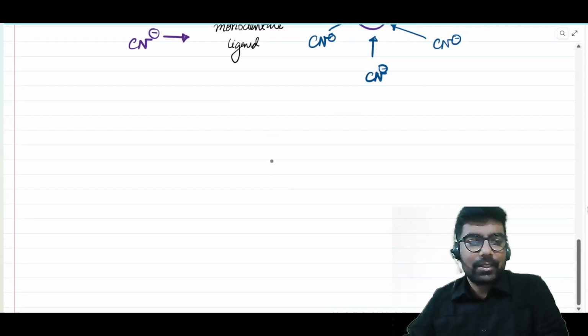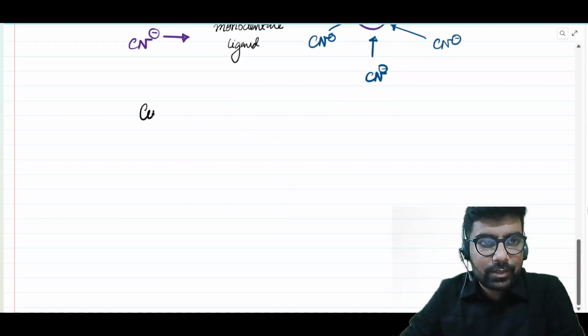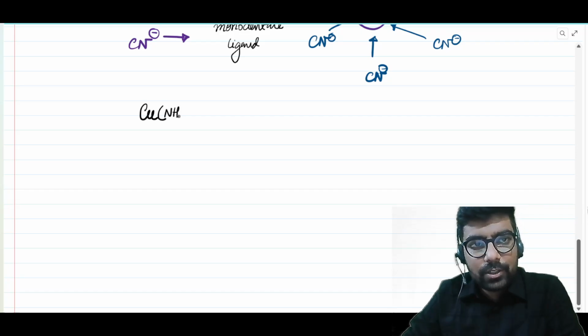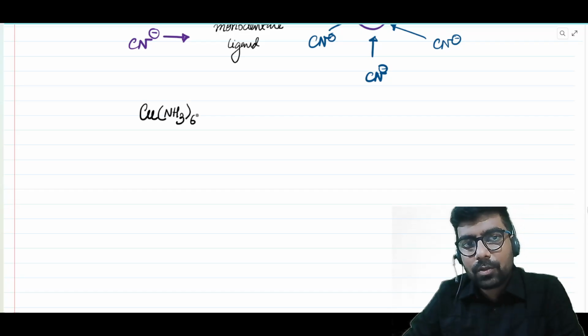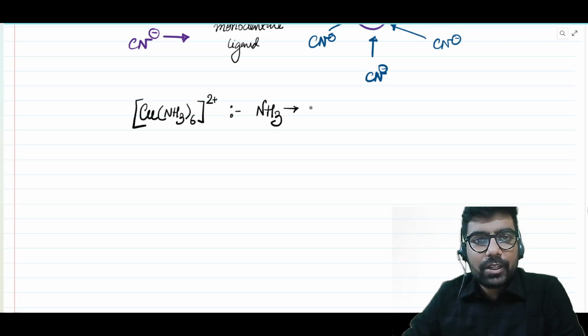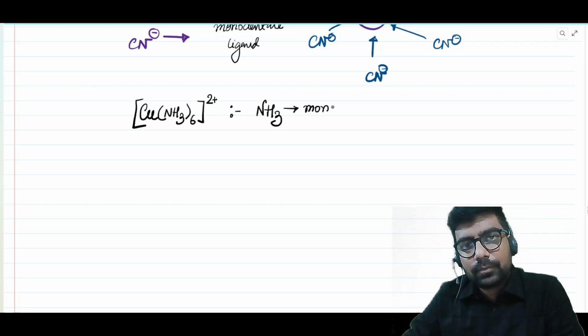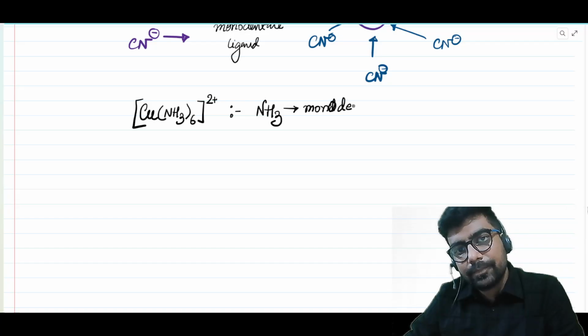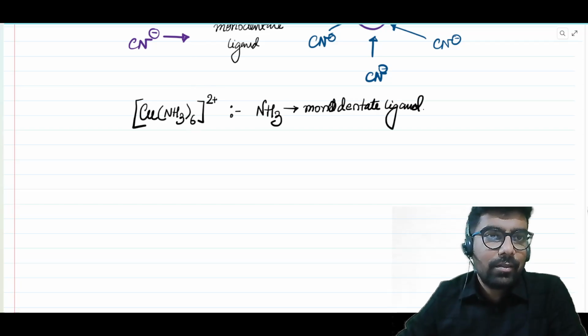Again, take a second example. Let's say we have Cu(NH3)6 2 plus. Now we don't have to draw this. NH3 is a monodentate ligand. How many NH3 are there?